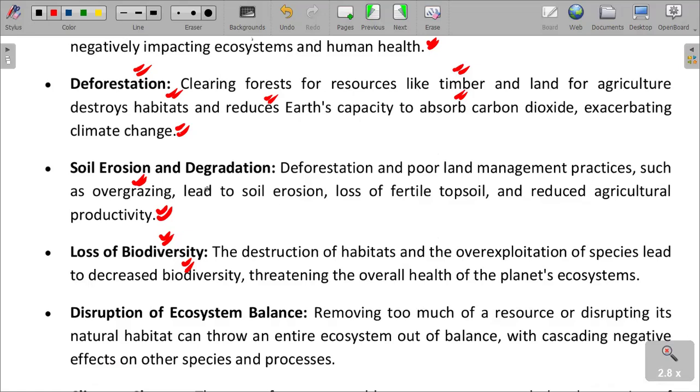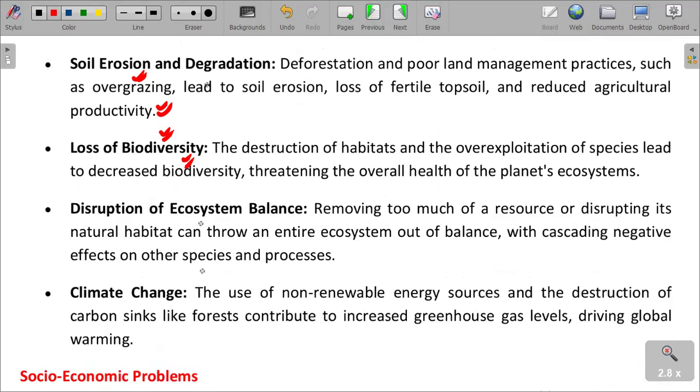Our animals and organisms, both abiotic and biotic, are in continuous interaction that we cannot overlook. If systems are overexploited, it upsets the interdependence of these species, and then the ecosystem balance is disrupted.